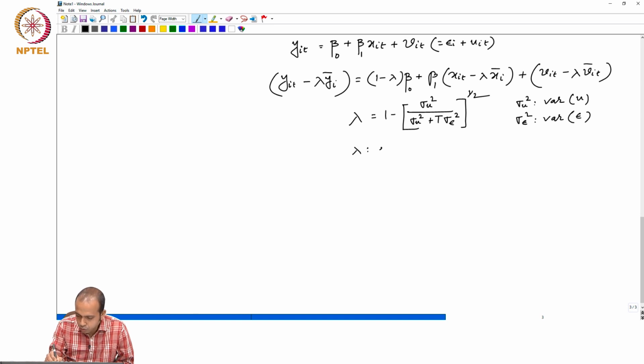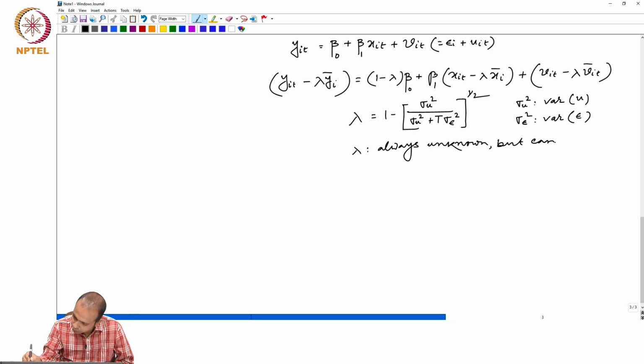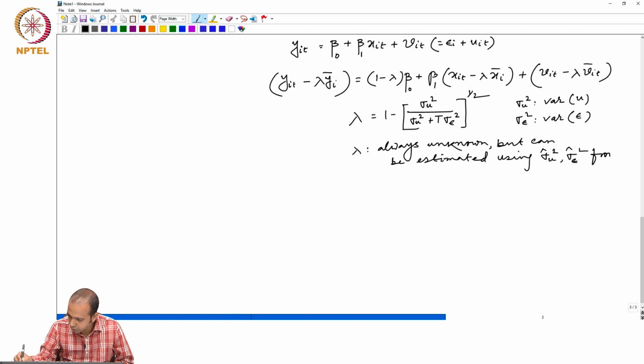Lambda is always unknown, but can be estimated using sigma square u hat and sigma square epsilon hat from FE or pooled OLS.